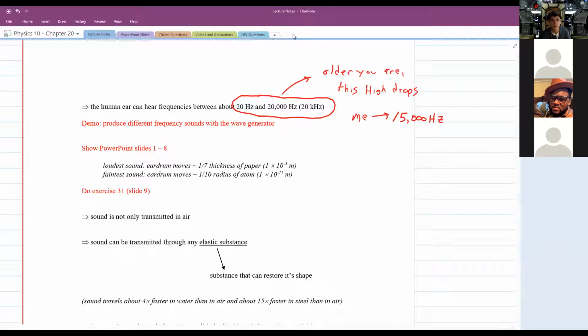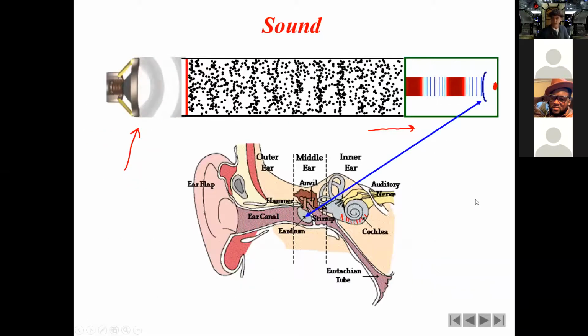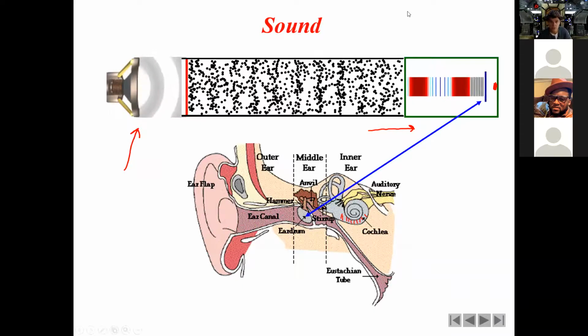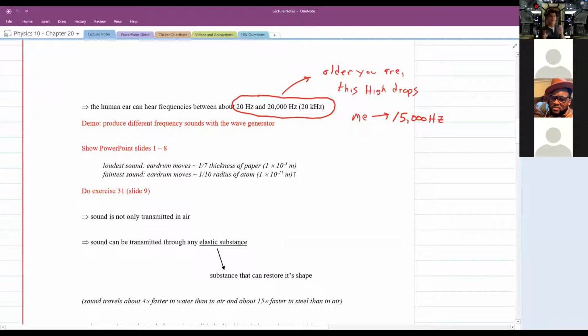Couple things let me just say about this loudest sound. Let me go back to this PowerPoint slide. This eardrum moving back and forth, how much it's moving in this animation is greatly exaggerated. Your eardrum hardly moves at all. So just to give you an example, the loudest sound that you could hear, or basically if I just started cranking up the volume of some sound, at some point it would be painful and unbearable.